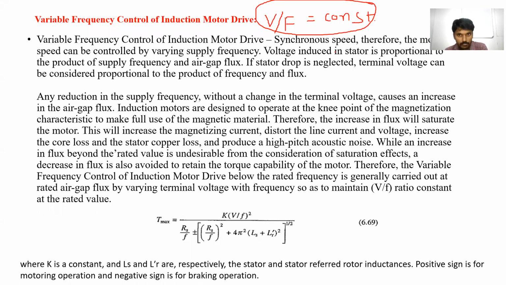So why are we going for the V by F is equal to constant method?